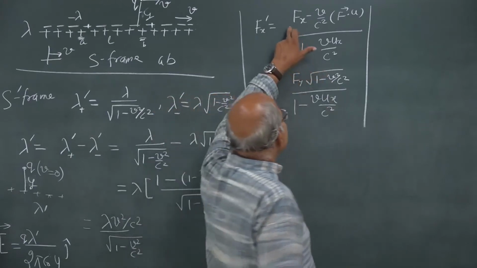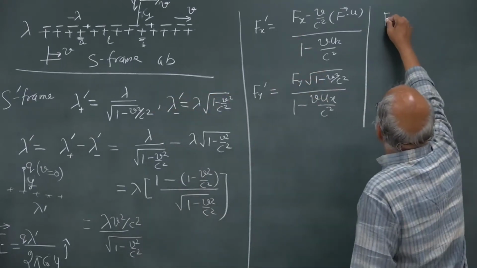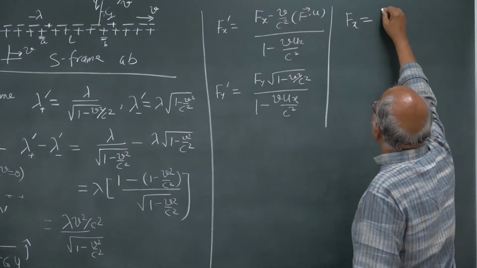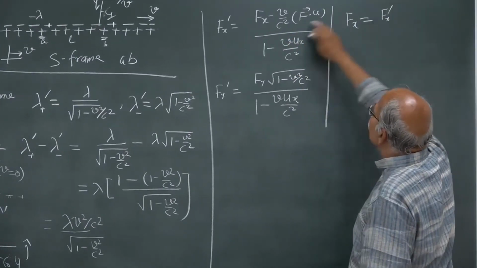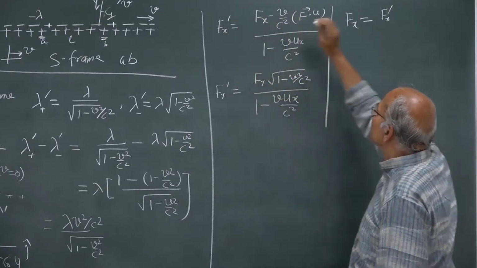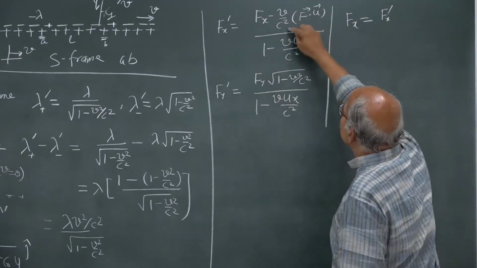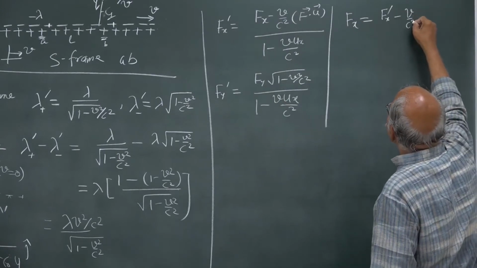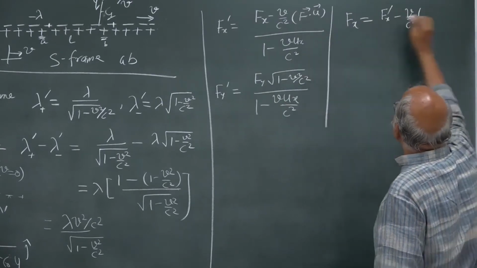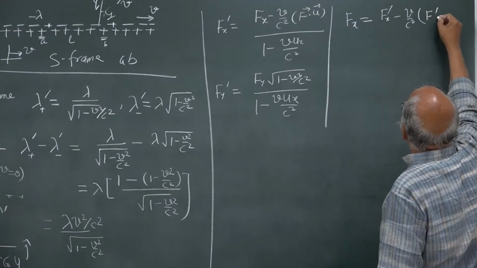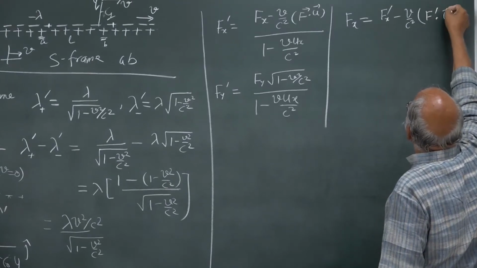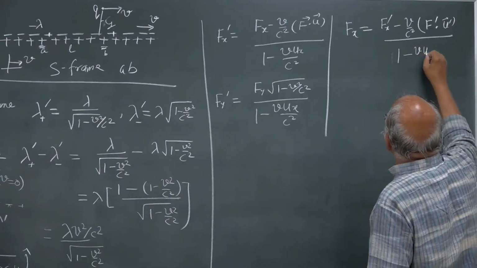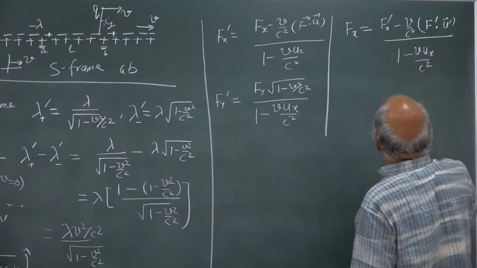So, if you do that, Fx is equal to Fx prime, and then it is minus v by c square F prime dot u prime, divided by 1 minus v ux by c square.